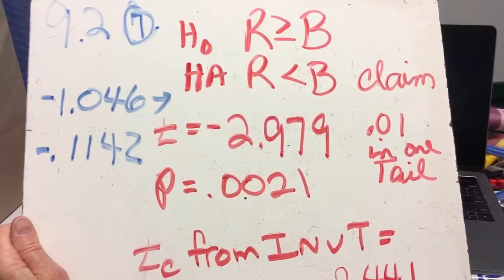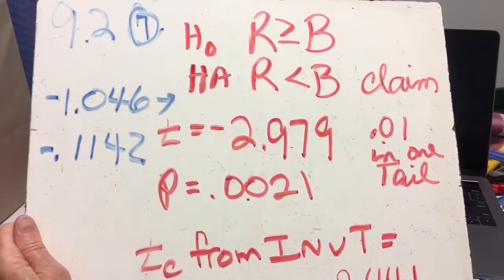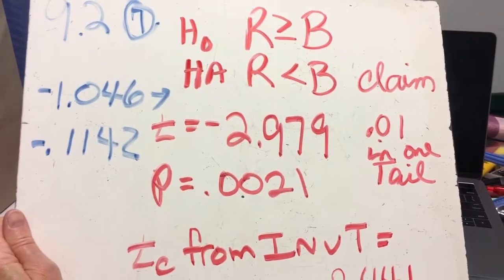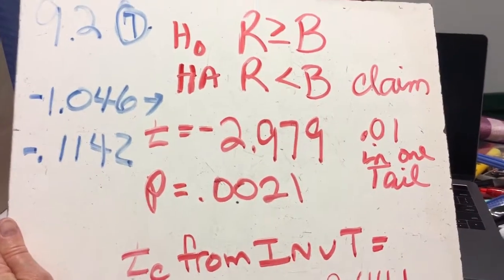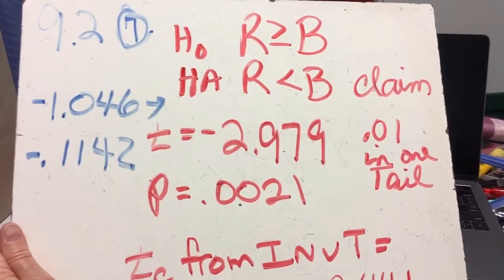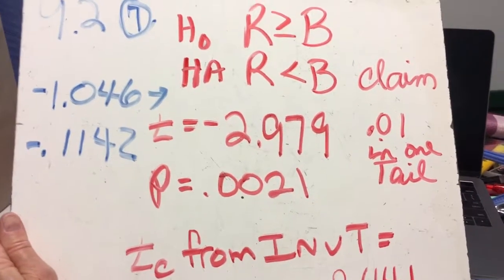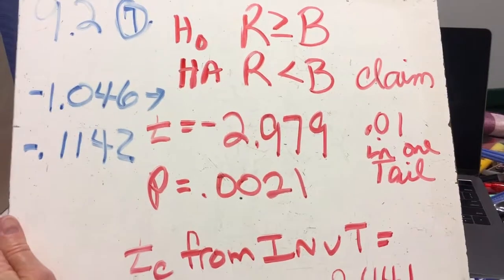What I did was I went to a 2-sample t interval. And I didn't even have to type in the data again. It just appeared because of my hypothesis test that I had just done.